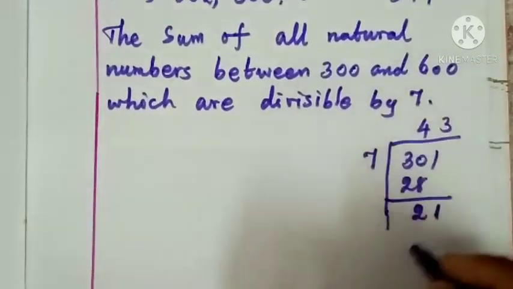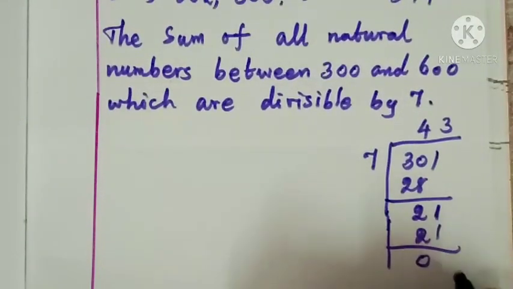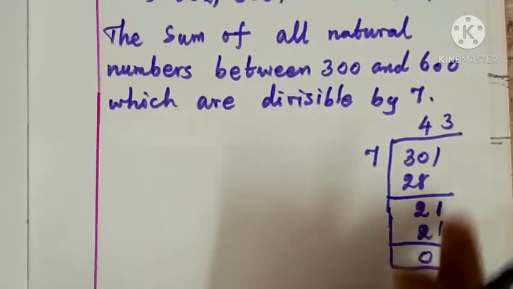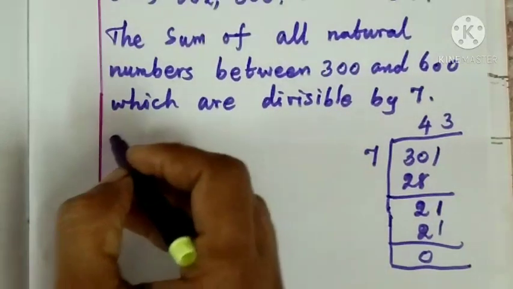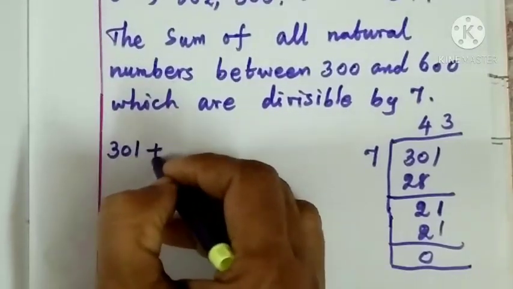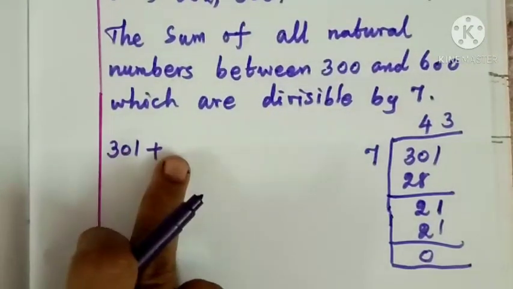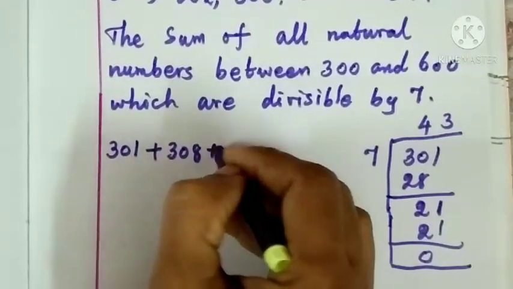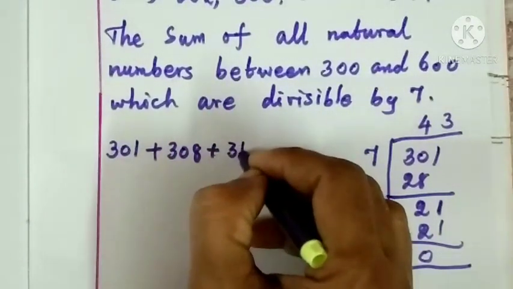Then 3 sevens are 21, therefore remainder 0. Therefore, 301 is exactly divisible by 7. The first number you write is 301, plus 7 we get the second number, that is 308, plus 7 we get 315.